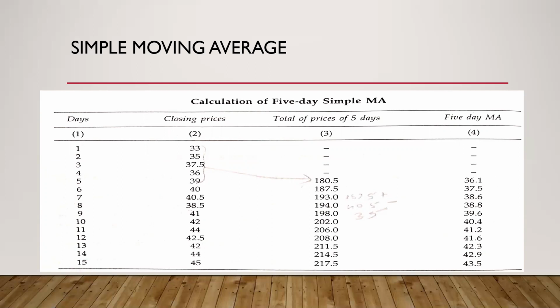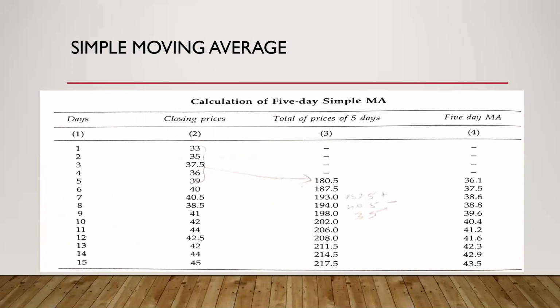If it was a 4-day simple moving average, we would have calculated the 4 days' closing prices total and shown it in the fourth row. Now we have to calculate the average. That is 180.5 divided by 5, which gives you 36.1. That is the moving average for the first time, the fifth day.